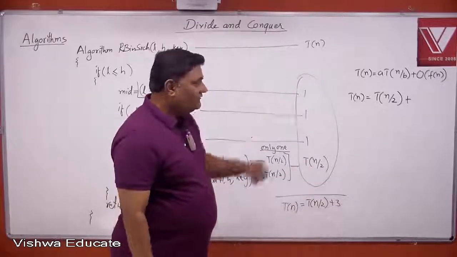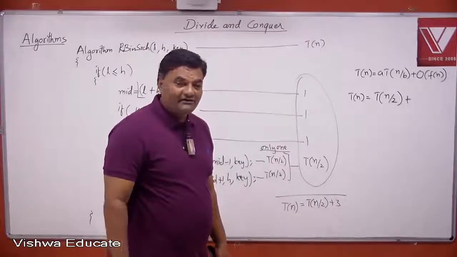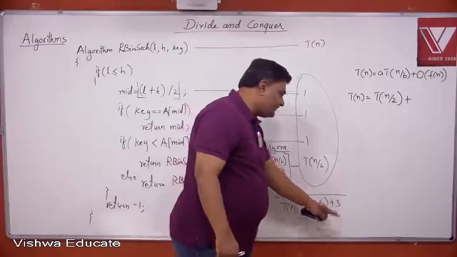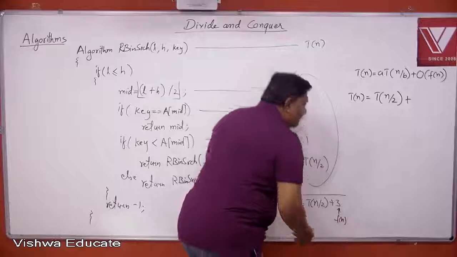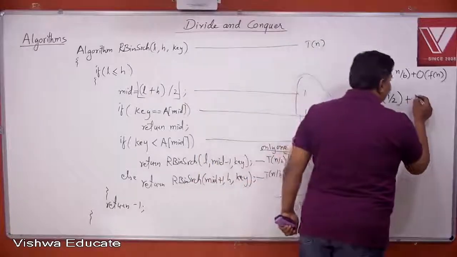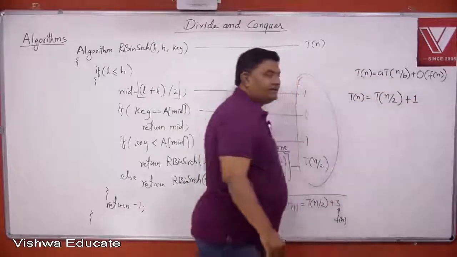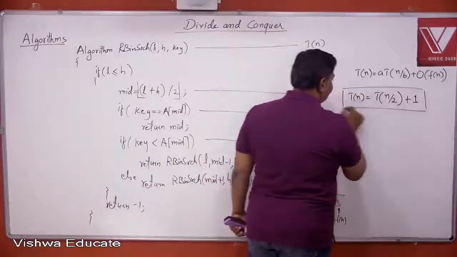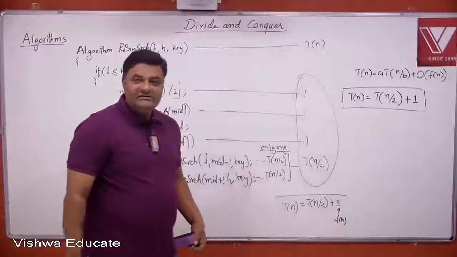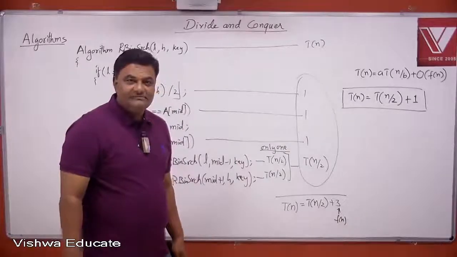We have to write big O of that, big O of f(n). This is f(n). Big O means it's constant, 1. We write 1. So this is the recurrence relation of binary search.